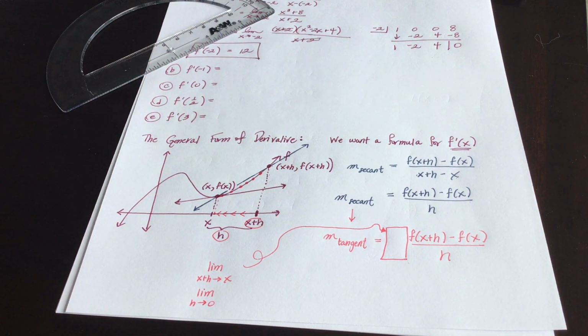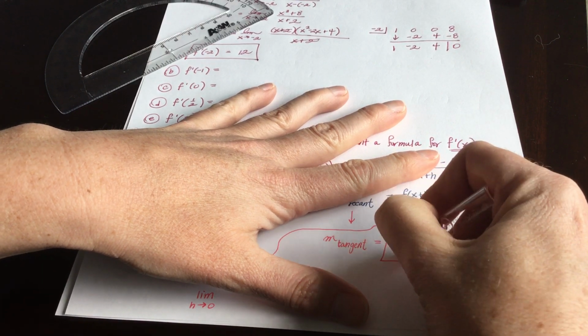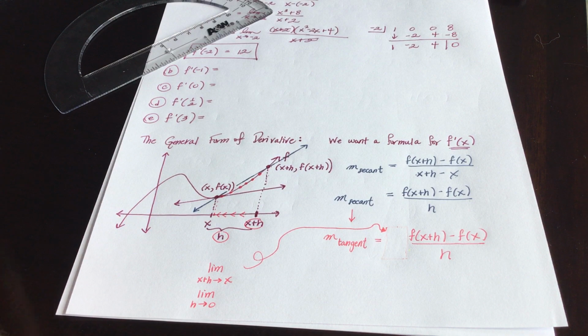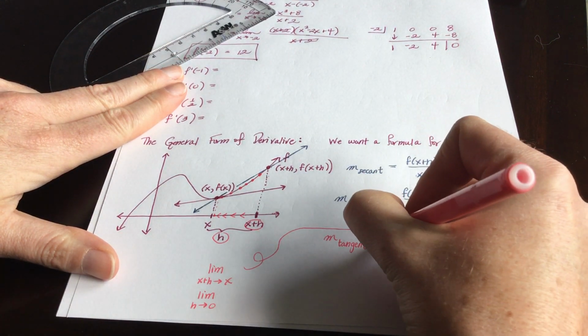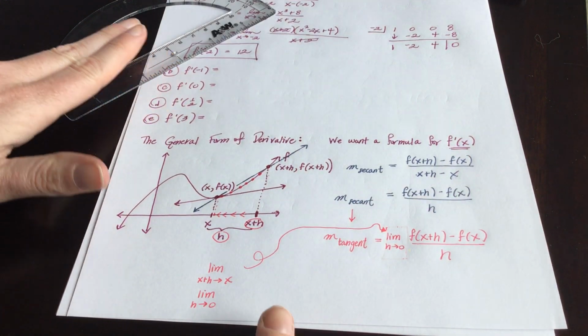All right, so I'm going to take this little box here out, and we are going to write, to turn the slope of a secant line into the slope of a tangent line, we're going to write the limit as h approaches 0. There.